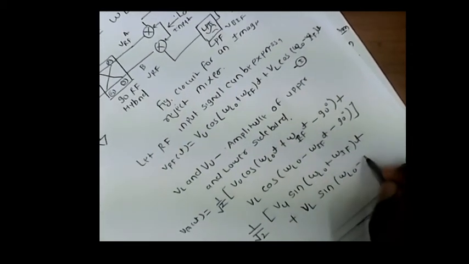After solving this equation, we get 1 by root 2 times VU sin(omega LO plus omega IF) t plus VL sin(omega LO minus omega IF) t. This is equation number 2.